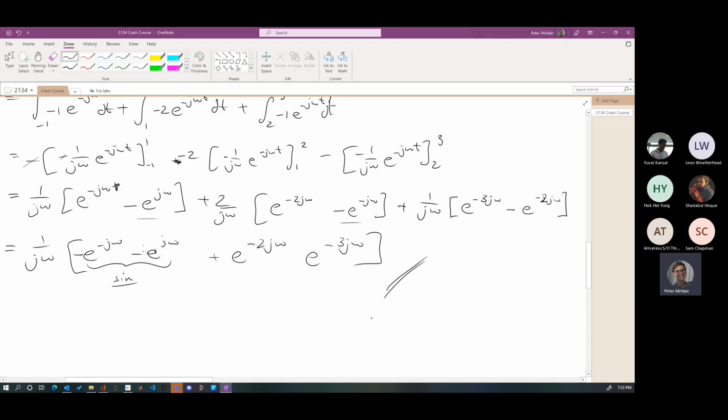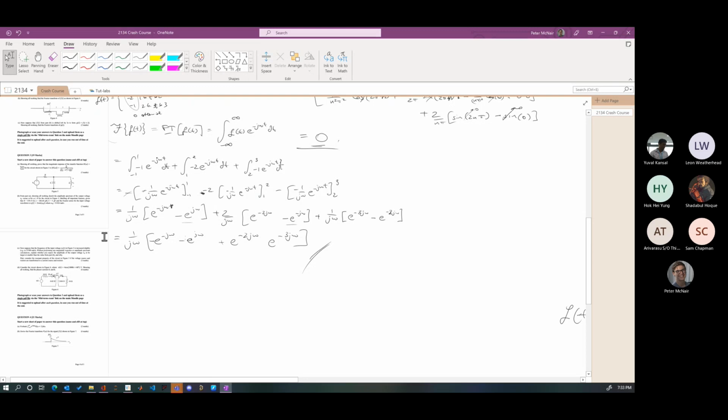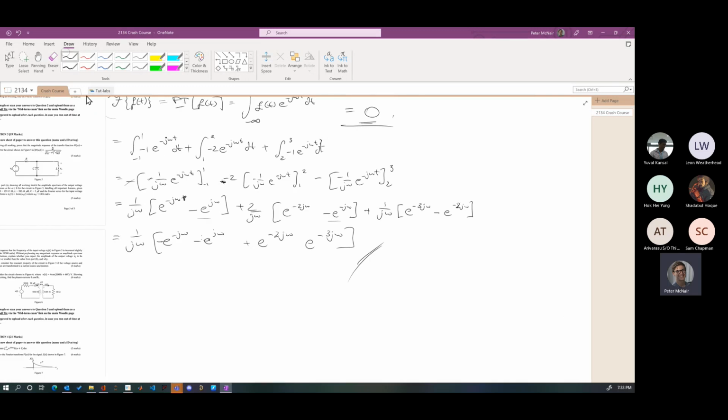And that's it. So actually, that wouldn't be a sine. That would look like some sort of cos. That's essentially all you need to do. And then you can just say that this is our F of omega. So you could plug in omega to this quite happily. And that's a fine way to leave it. Does that sound good?